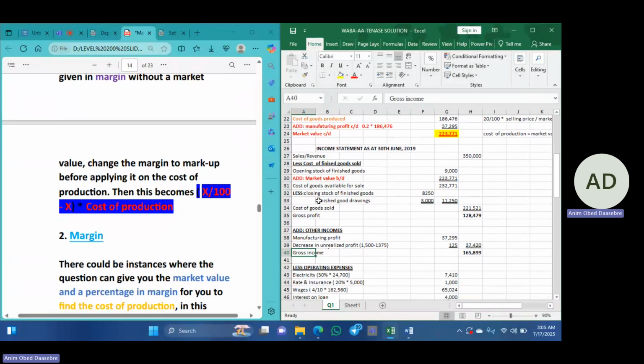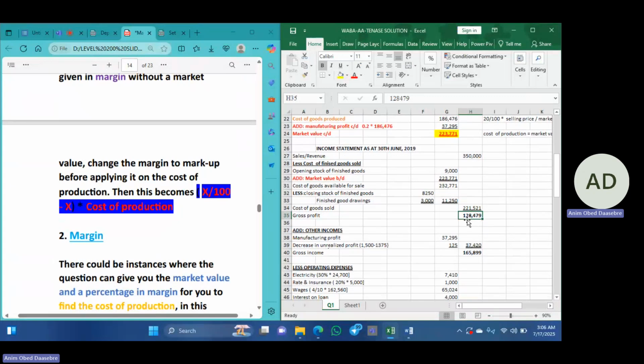So after going through, you subtract your closing stock of finished goods, and if there is any finished goods drawings, you add it, then you subtract it from your cost of goods available for sale. You get what you call the cost of goods sold. Then you subtract the cost of goods sold from the sales figure to get your gross profits.